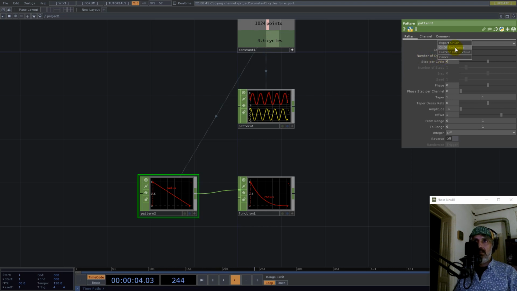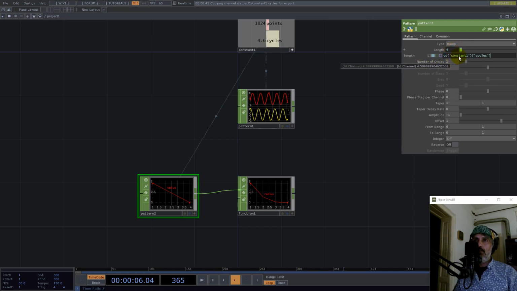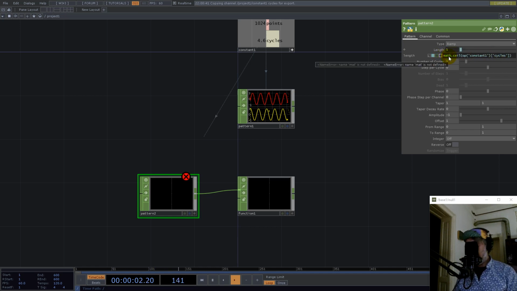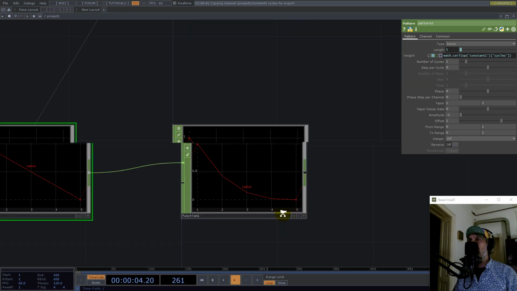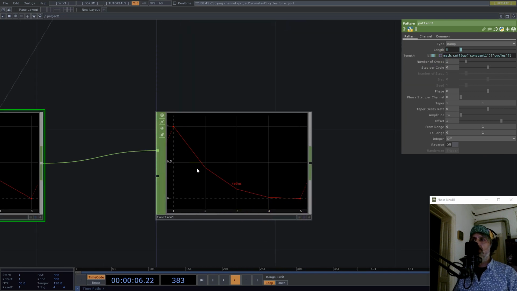So since the cycles are 4.6, we will go for the math ceiling. Okay, and you see now for each floor we start with a different radius.